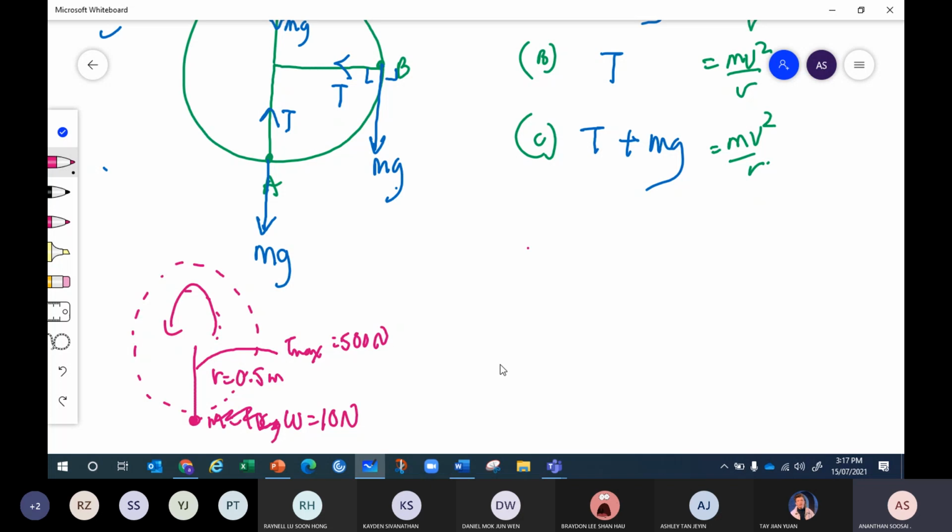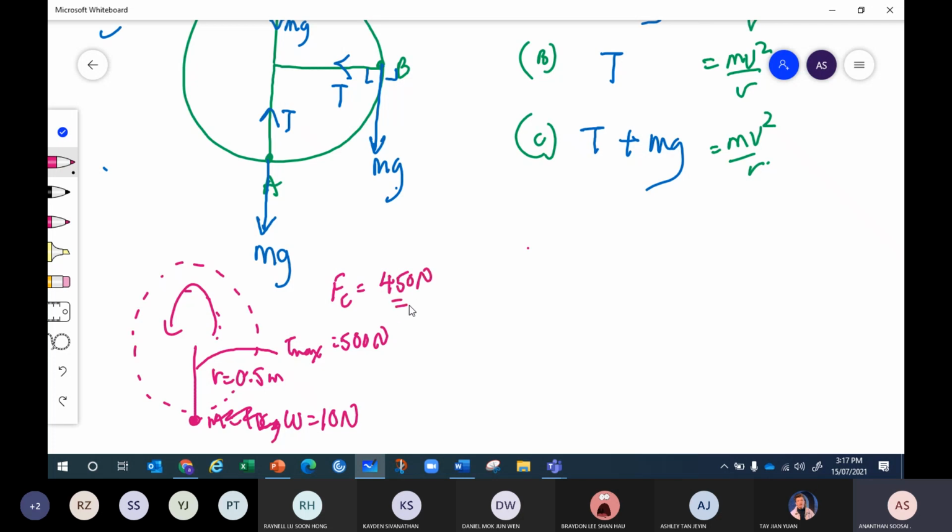Now let's say your friend whirls it vertically up and down with a certain speed, until its centripetal force, mv squared over r, is, let's say, 450 Newton.